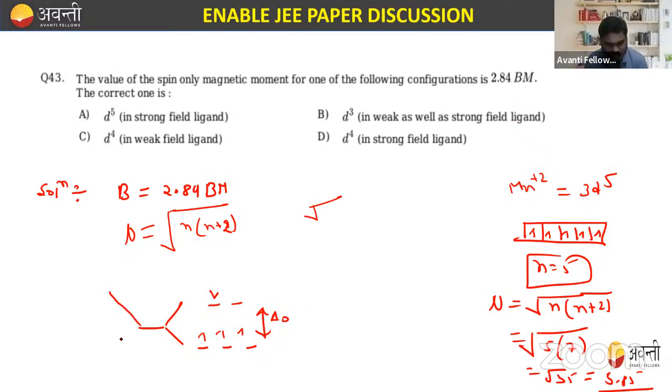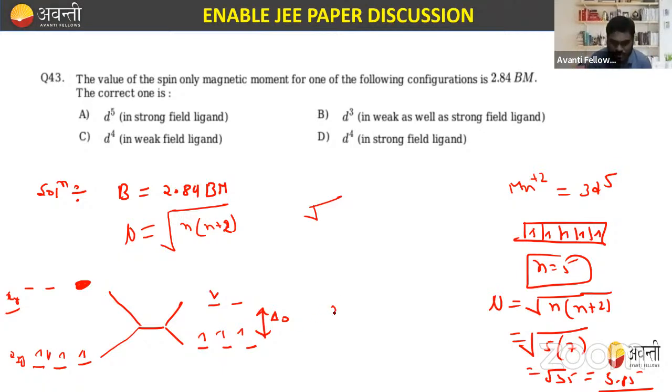Now, what is the next option? In this, the energy gap is very, very big. The first electron fills here, then the second electron, and the third electron. If the energy between t2g and eg is very large, then the electrons are paired back here also. So how many unpaired electrons are left?